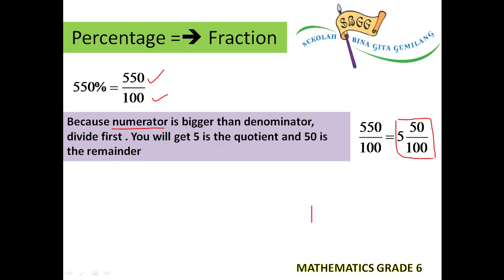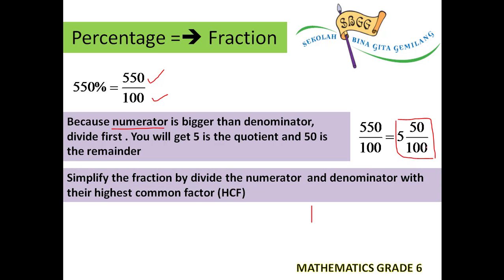The question says it must be in the simplest form, and 50 out of 100 is not in the simplest form. So what must you do? Simplify the fraction. Only simplify the fraction, not the whole number, because 5 is the whole number. The fraction is only 50 out of 100.